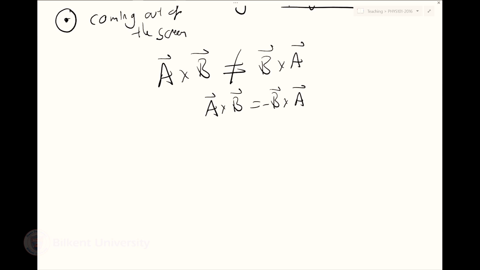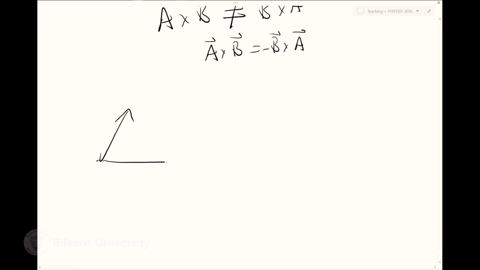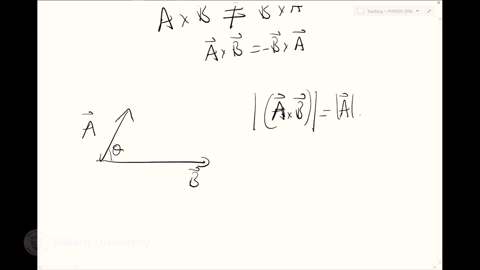And that actually tells me, I'll need to tell you one more thing. What's the geometric meaning? I said A dot B tells me how aligned my vectors are. What does A cross B tell me in the geometric sense? Let's remember A, B, and theta. A cross B as a vector, its magnitude was A magnitude B magnitude times sine theta.